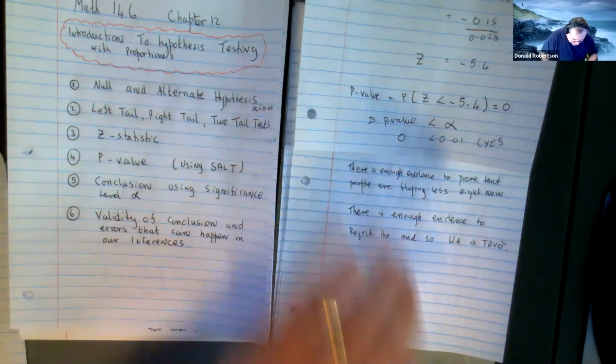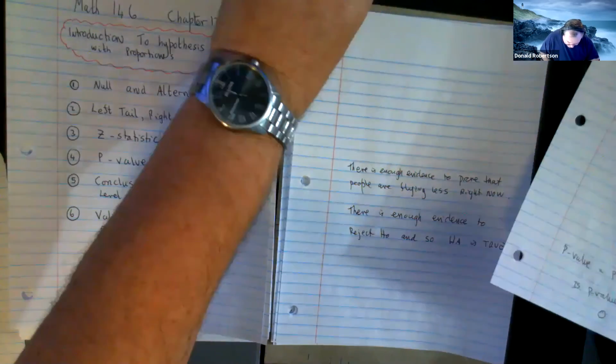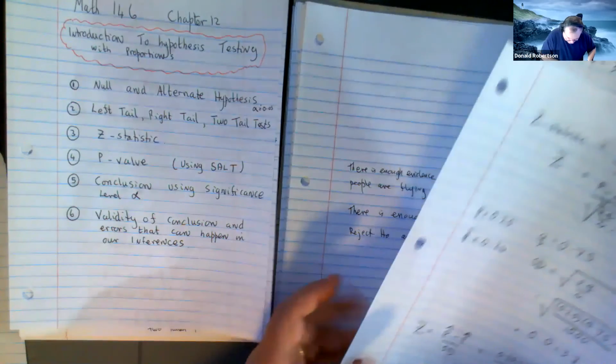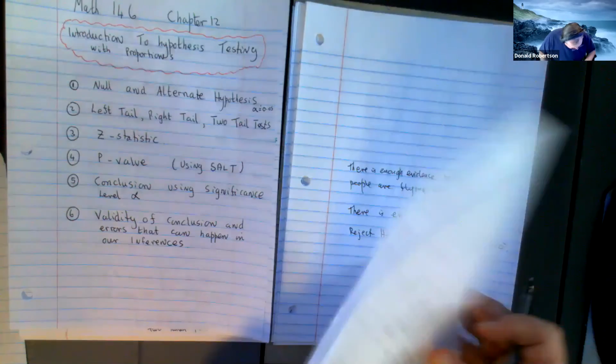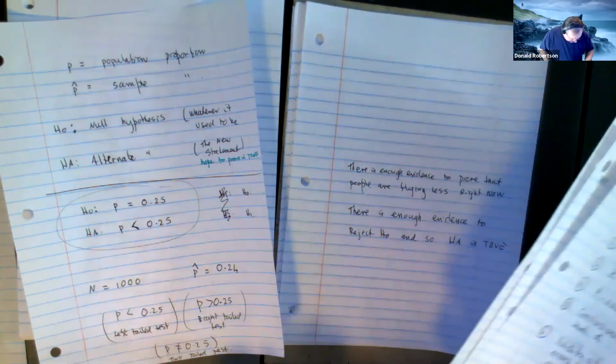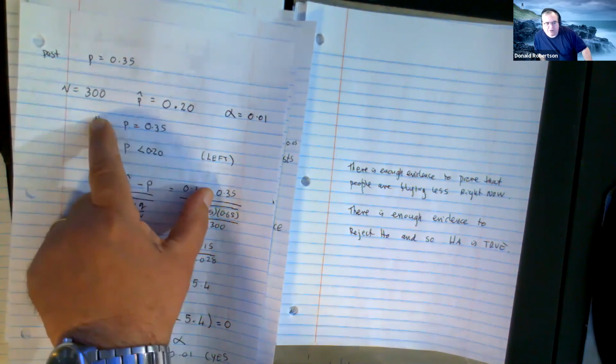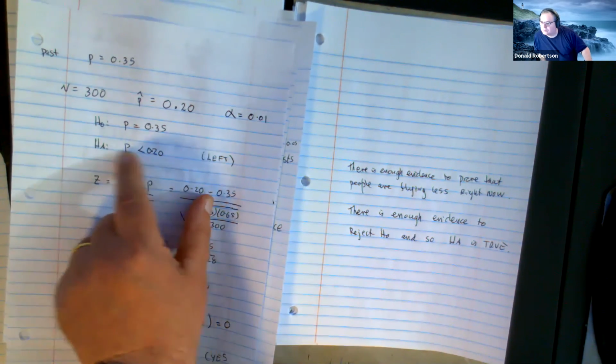So what they're saying is there's enough evidence to prove that that isn't right, to reject it essentially. And therefore this is true.